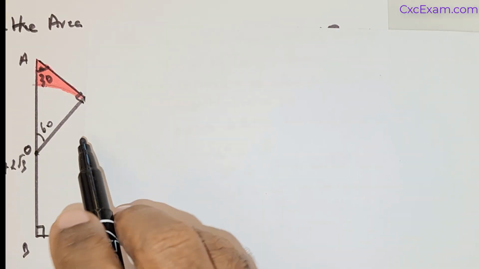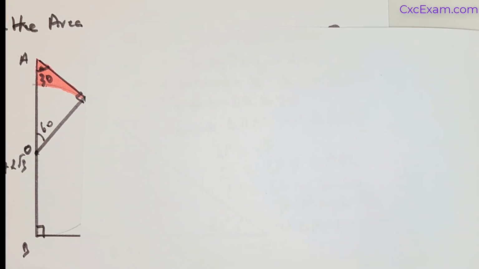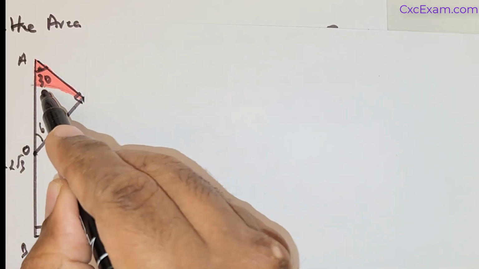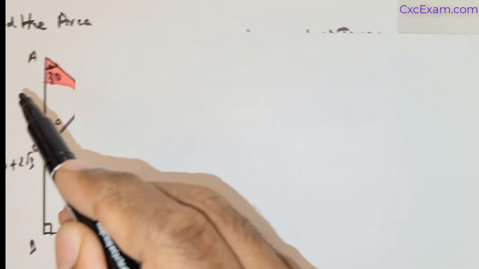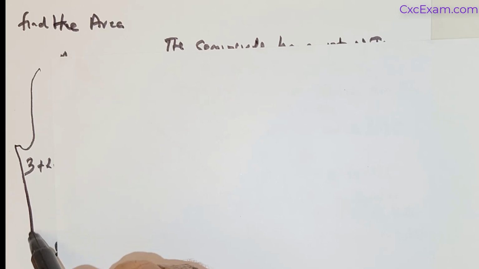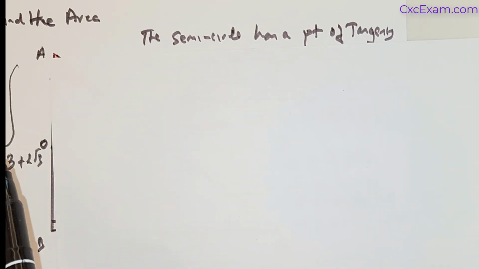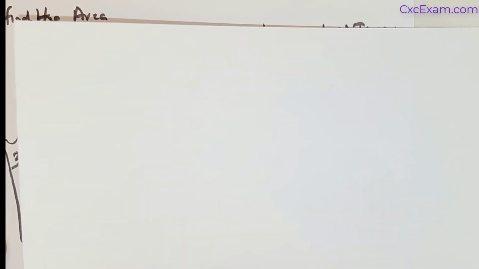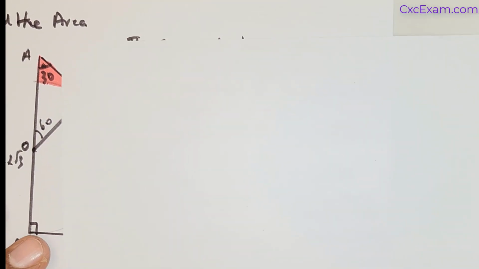Now what we're going to do is get this length. This entire length is given by 3 + 2√3. That's the entire length.